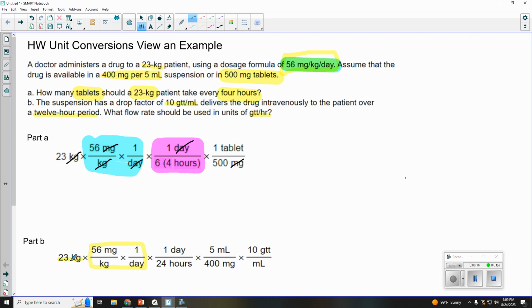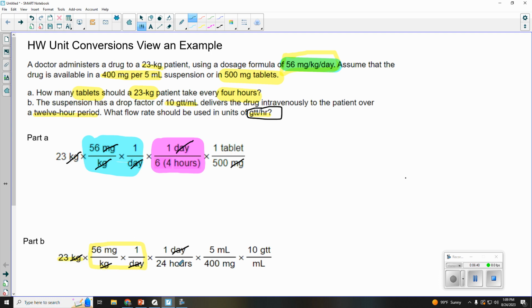So again, kilogram, kilogram, day, day. And we want our final answer to be in terms of hours. So that's why we end up with hours here. We do this conversion. If we didn't do this step, we would have per day. We do this step, so we have per hour.